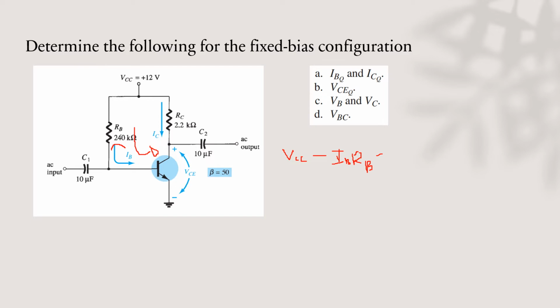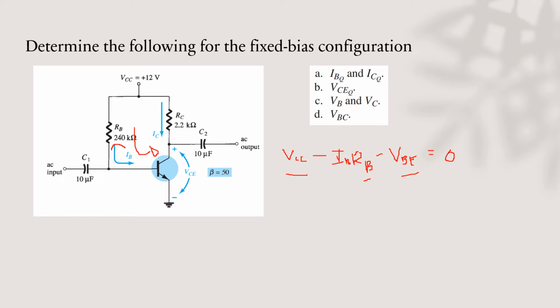Minus the VBE equals 0. So we have the value for VCC, we already have a value for RB, and we also have VBE. So what is VBE?